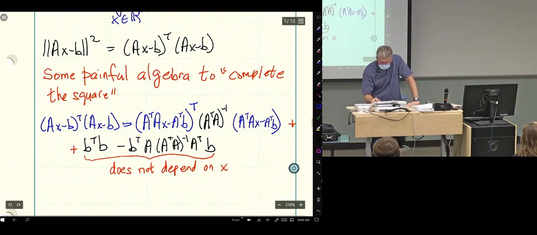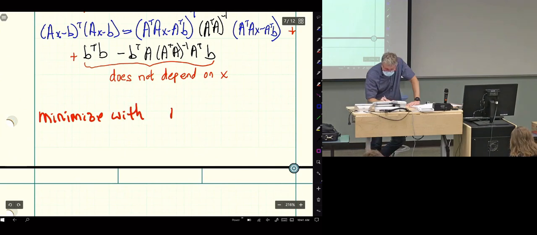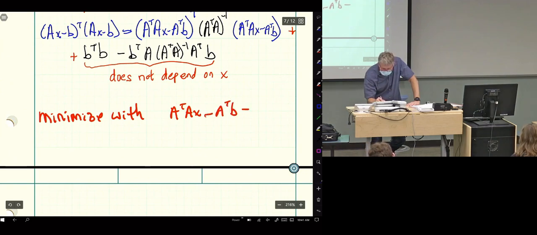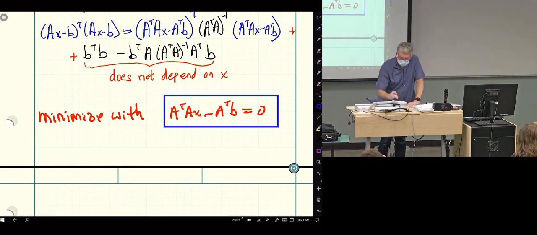So you minimize with A transpose Ax minus A transpose b equals 0. And that's why that formula is true, okay?